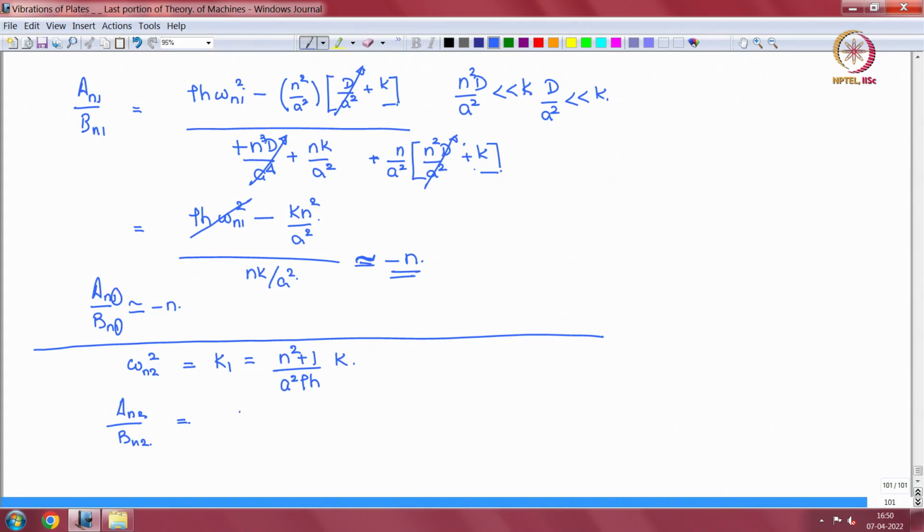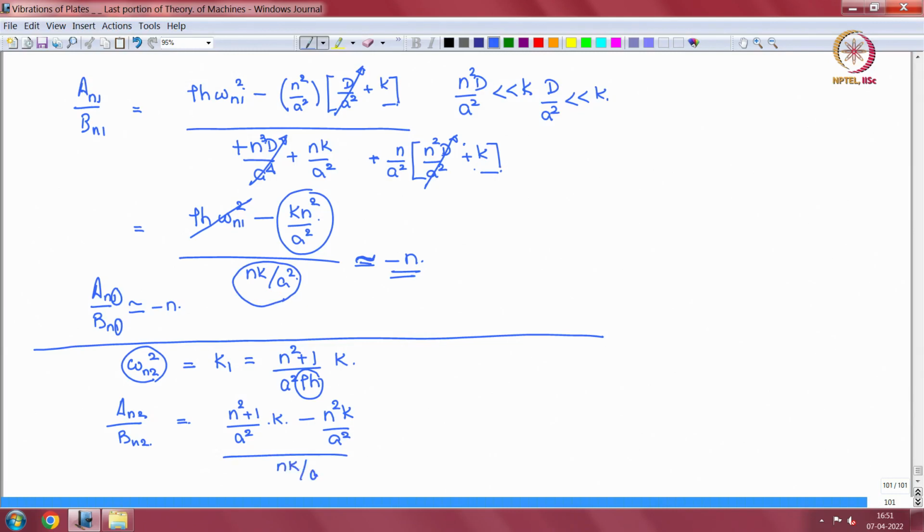That becomes equal to rho h omega n2 square, which is n square plus 1 by a square into k, okay, minus n square k by a square as before, divided by nk by a square as before.